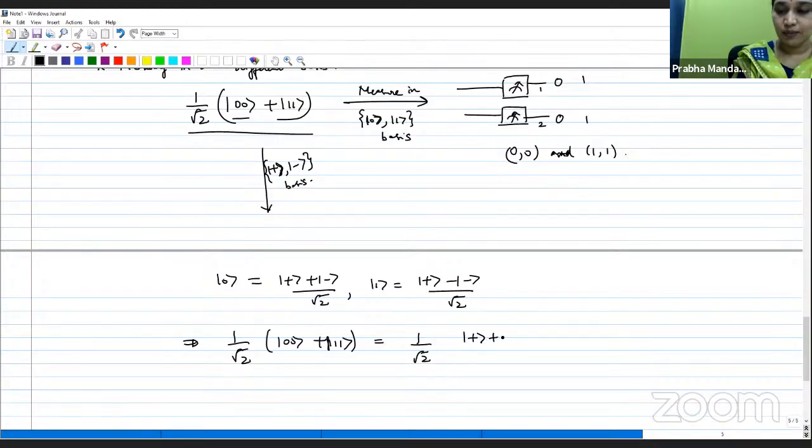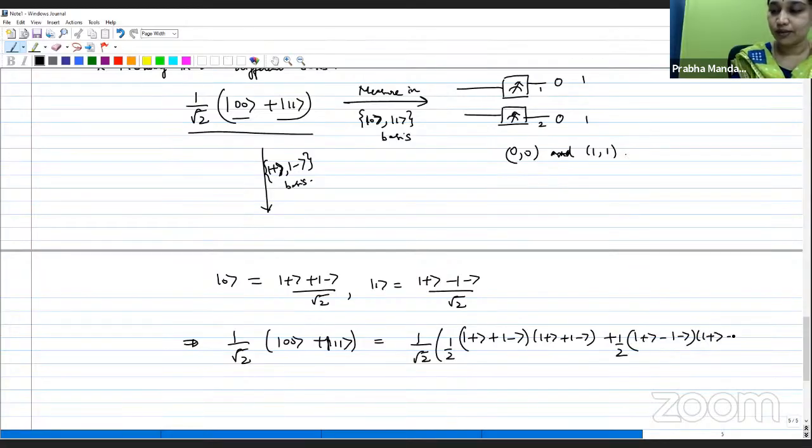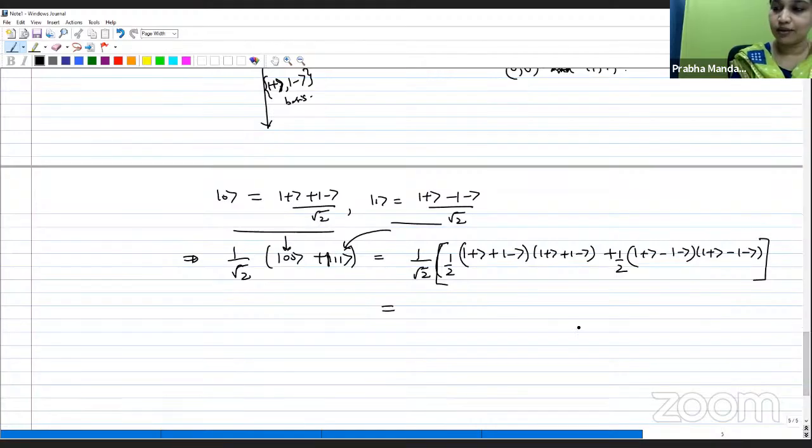There's going to be an overall half here, and there's going to be plus-minus terms, and again a half here. I'm simply using these two relations and substituting them here. And there I've got the state in the plus-minus basis.